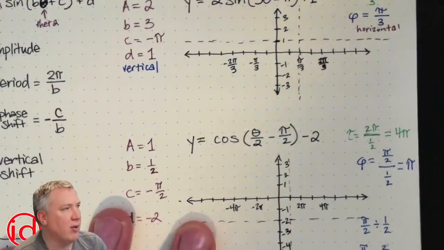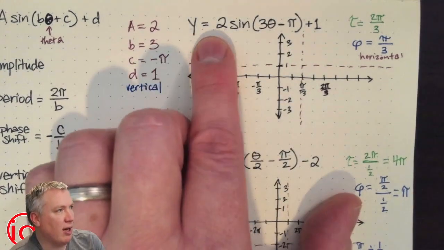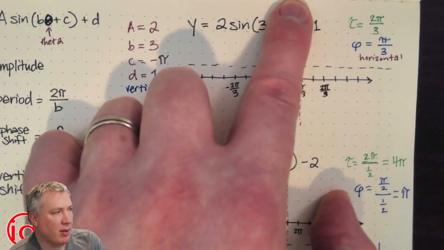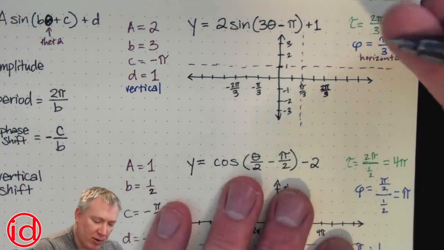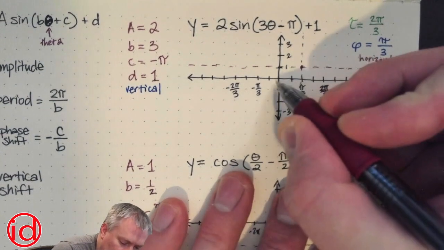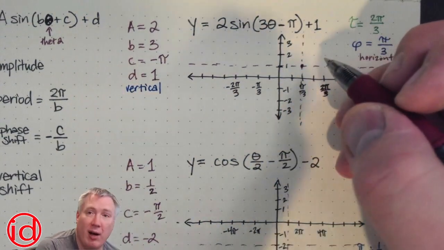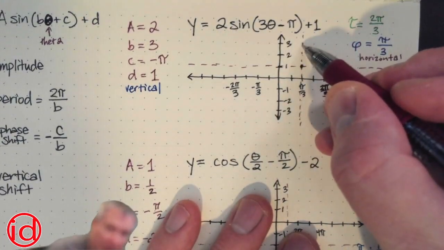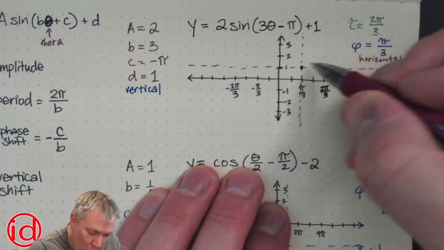Now all I need to do is remember the pattern. Sine starts at the origin and then moves up to its peak every tick mark. But my origin's moved, so now it's going to start here. Instead of starting here, because it's been shifted, it's going to start here. And then it's going to move up to its peak. Well, how high is its peak? It's 2 up. So if I'm starting at 1, I'm going to end at 3 because I moved 2 up. I'm going to move up to here, one tick mark over.